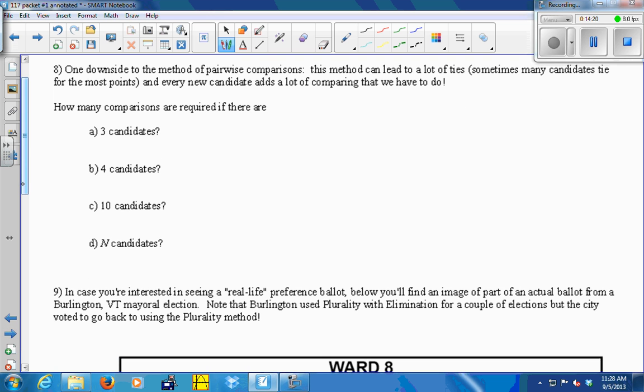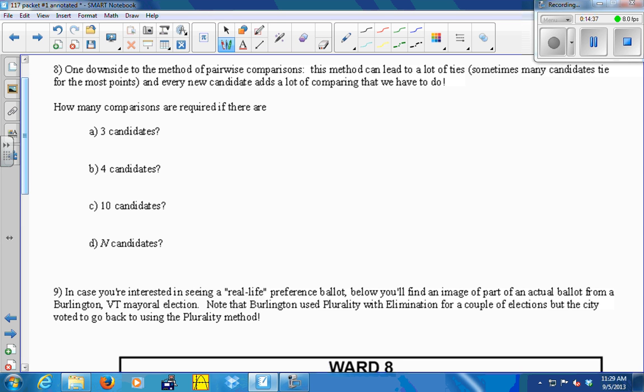So one downside to the method of pairwise comparisons is this method can lead to a lot of ties, right? So sometimes many candidates can tie for the most points. And every time we add a new candidate, it adds a lot more comparisons we have to do.